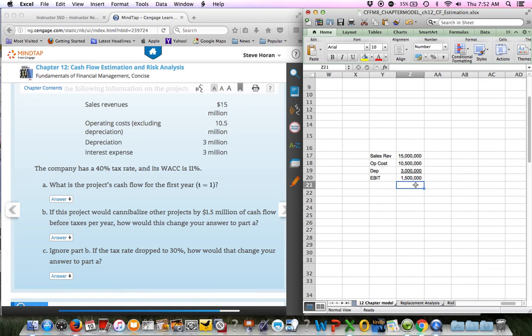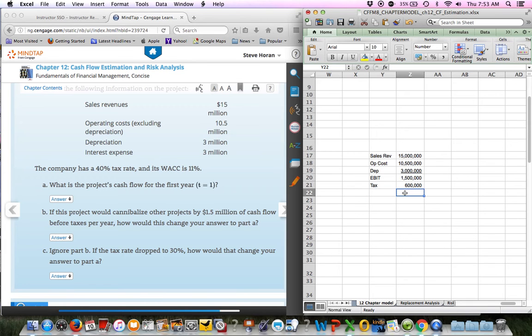Once I have my EBIT, I need to tax affect that. They said the tax rate is 40%, so I take 40% and multiply that by the 1,500,000. So my tax is 600,000.